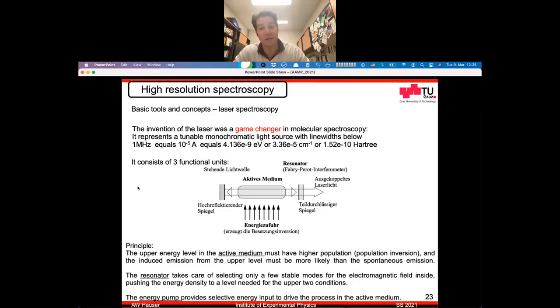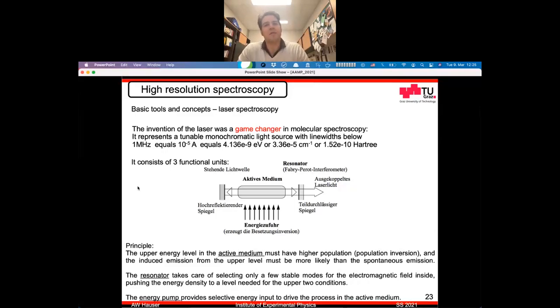Otherwise, we wouldn't have resonance. This is one thing. So we have the same energy, meaning same frequency or wavelength. But we also have the effect that both photons, the incoming and this induced emitted photon, have a fixed phase relationship to each other. So we have coherent light.